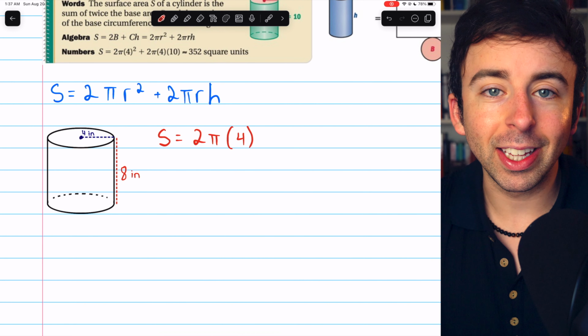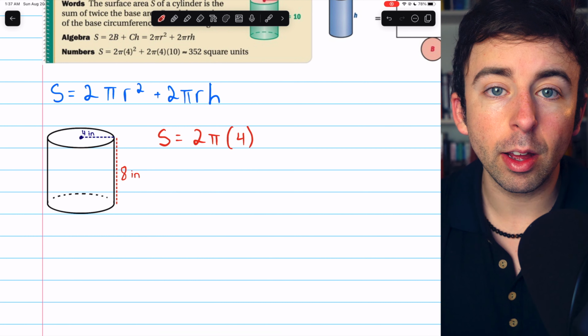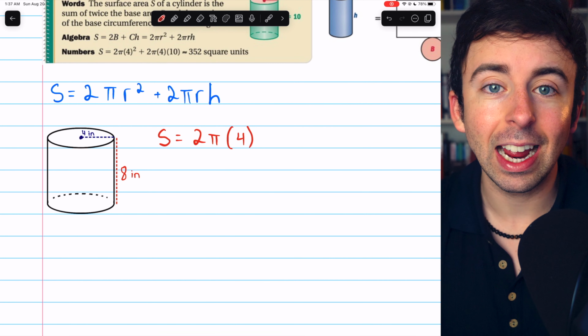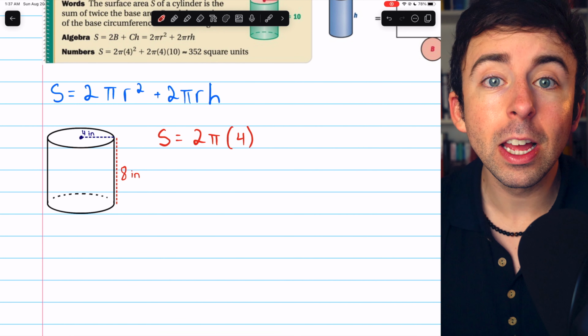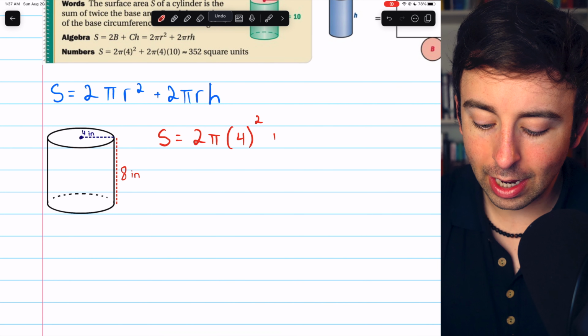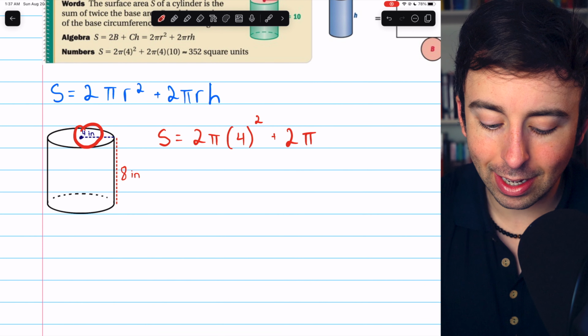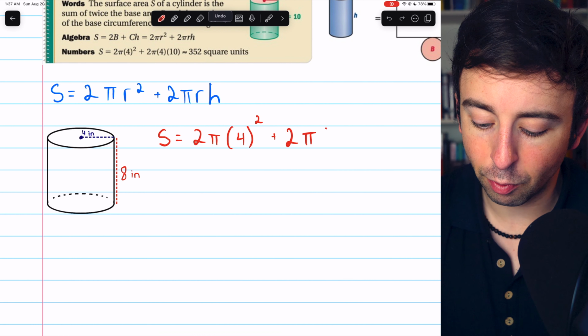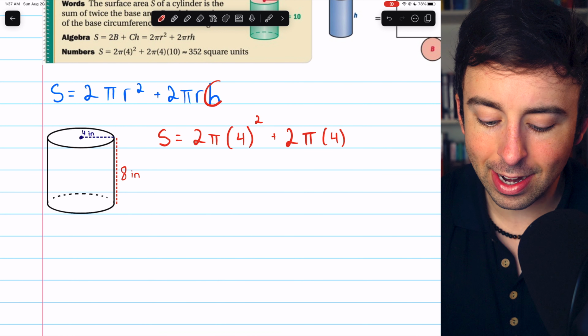I know this is all in inches, so I'm going to leave the units off until the end. In the end, our units will be inches squared because we're calculating an area. So our radius is 4, and we need to square that. And then we need to add 2 pi times the radius, which again is 4, times the height, which is given as 8.